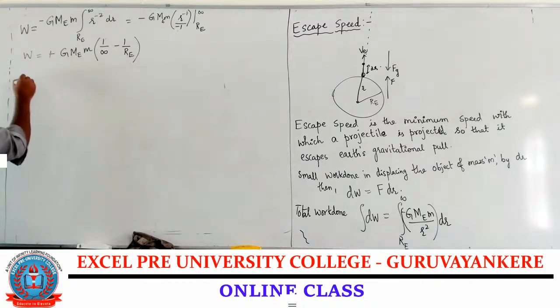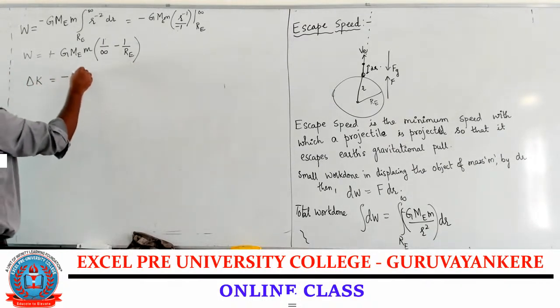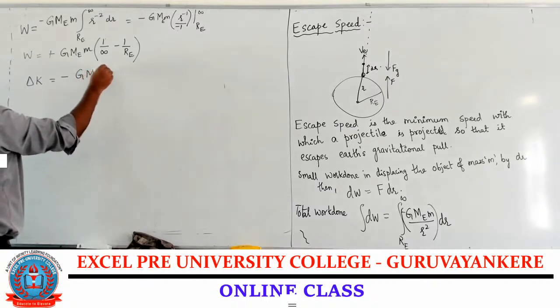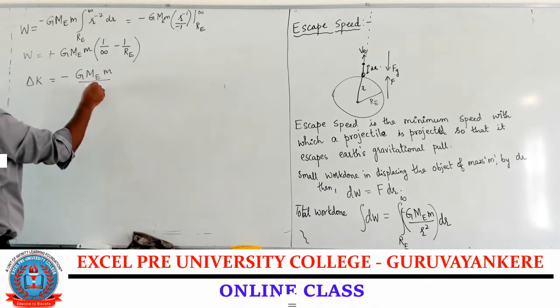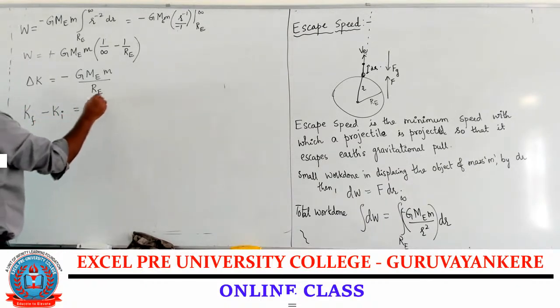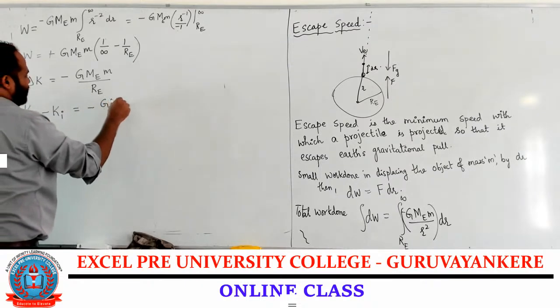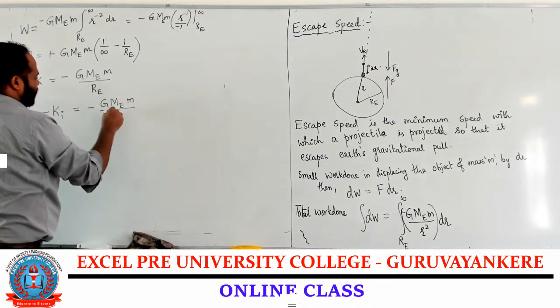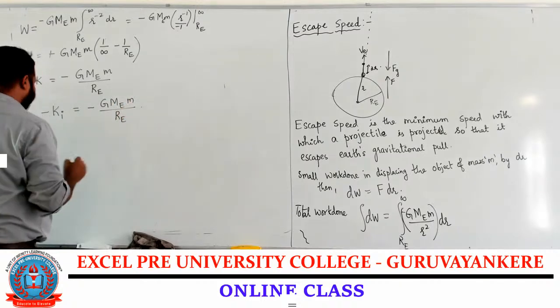Okay, so work done will be change in kinetic energy, that will be minus GMeM by Re. So final kinetic energy minus initial kinetic energy is minus GMeM by Re.